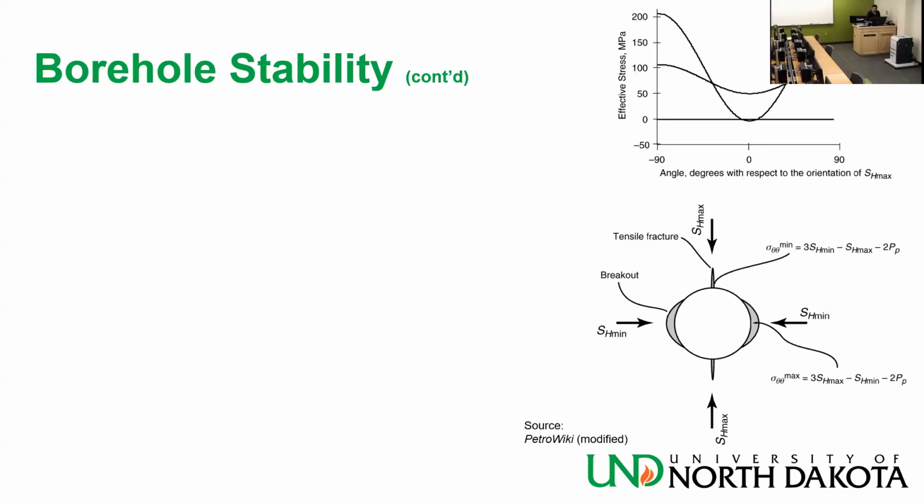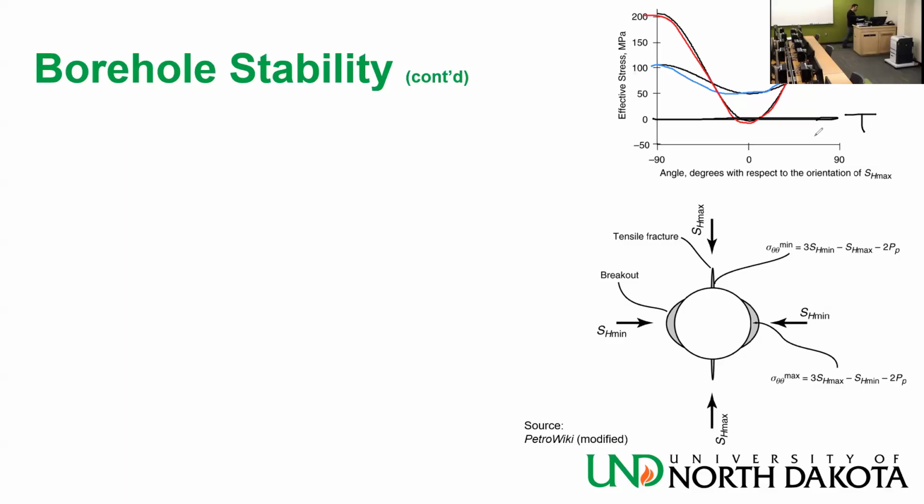You have the axial, and you have the tangential. And then here, with the black line, you have 0, which is basically the tensile strength of the rock, assumed to be 0. Now, remember what I said earlier.